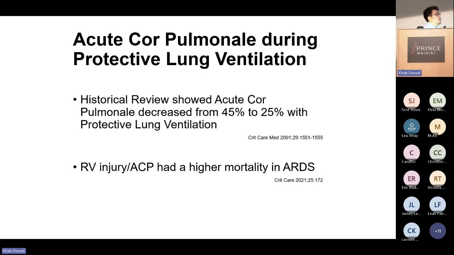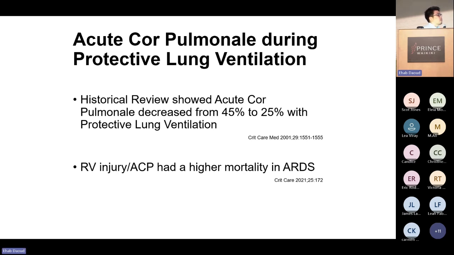So now we know the RV is not necessarily compromised by pressure. What we know is in normal lung or relatively healthy lung, PEEP or positive pressure could increase the PVR. However, in acute lung injury, PEEP or positive pressure actually could help to decrease the PVR.